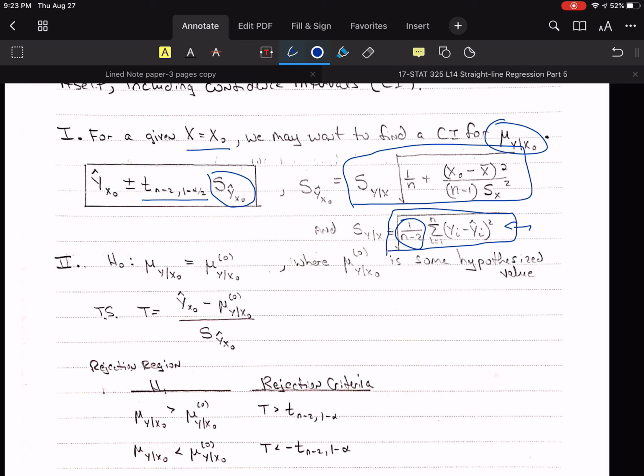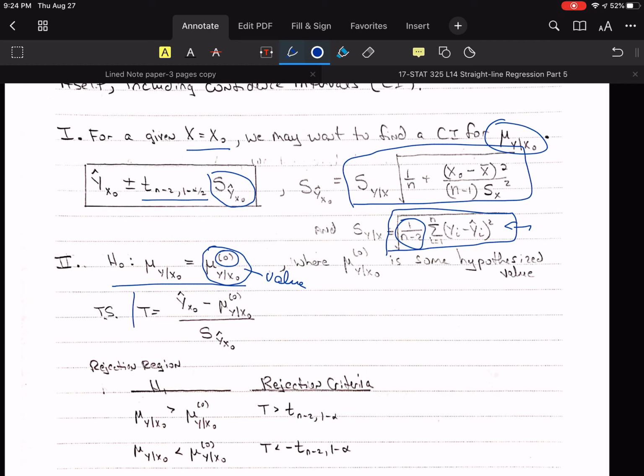Okay, so we have this null hypothesis, H naught: mu sub y given x naught is equal to some hypothesized value. It looks really complex, but this is just some value that we're interested in. And under the null hypothesis, that's why we put the 0 up there. We don't want you to think we're raising it to a power, so we put parentheses around the 0.